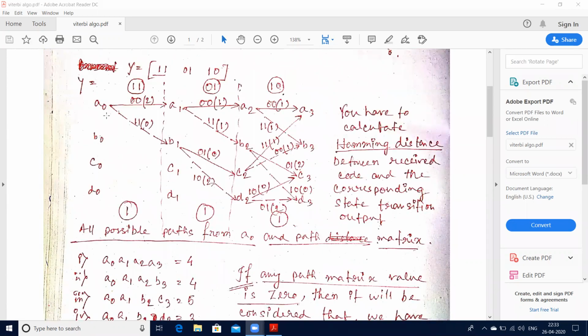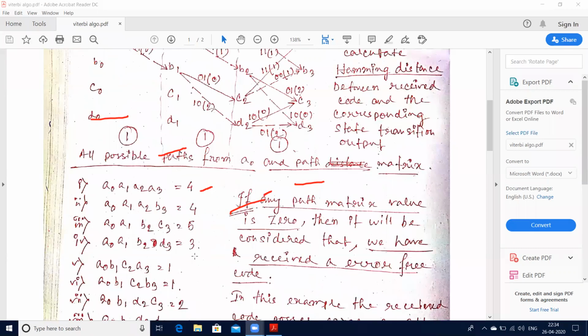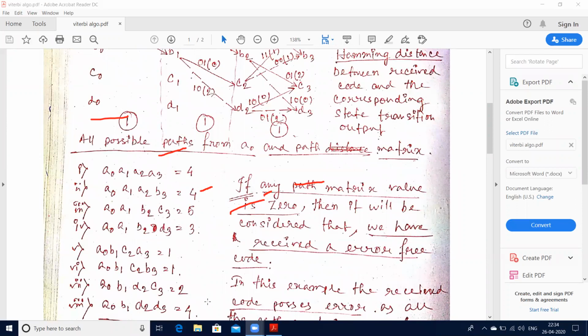That means this path. From this path, the path matrix will be 0, 2, and again 0. So the path matrix will be 2.